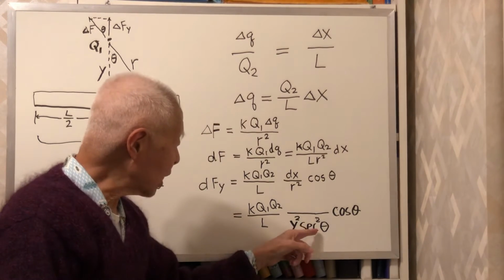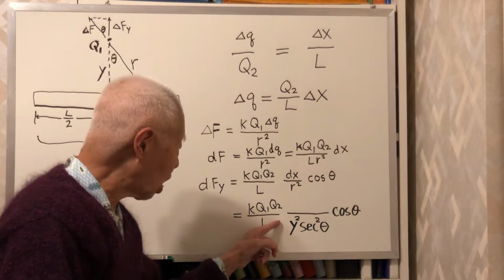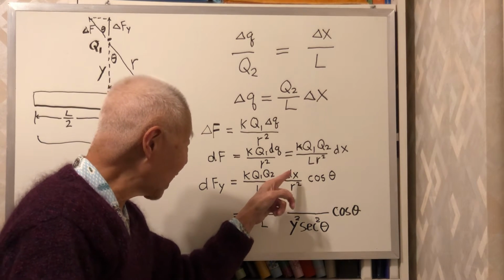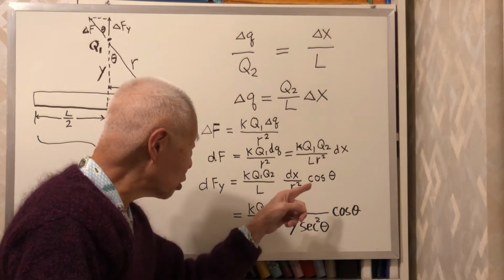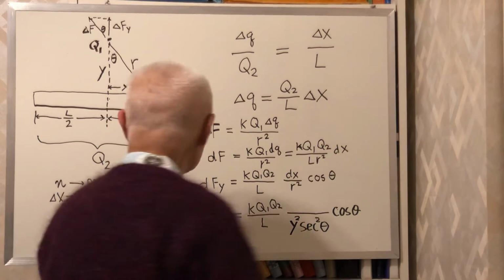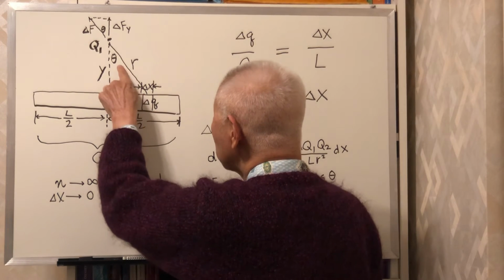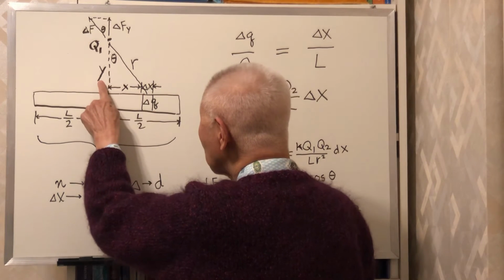So I have theta, y is a constant. Now I need to change x into the variable theta. X is here, theta is here, y is constant.